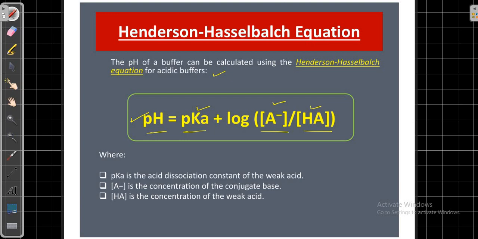For this you have to understand the dissociation of a weak acid, and from there apply the properties of the log, remembering that pKa equals minus log Ka. You will get pH equals pKa plus log [A-]/[HA]. So that equation is very much important.